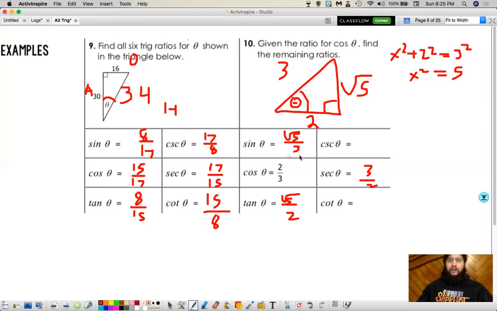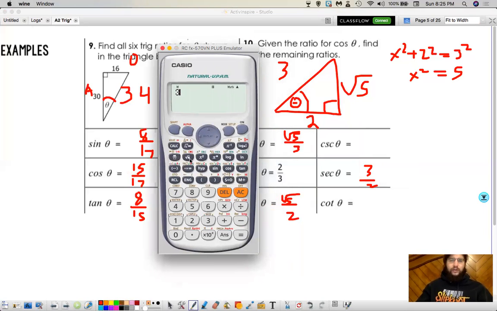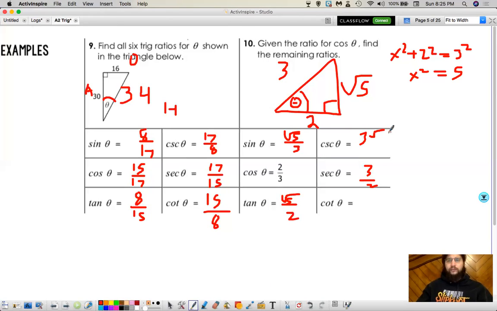And now type it in your calculator. 3 over square root of 5 is 3 square root of 5 over 5. And this will be 2 square root of 5 over 5. Nothing too complicated there, right?